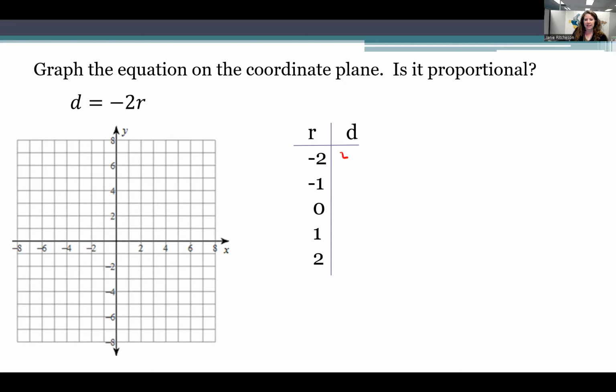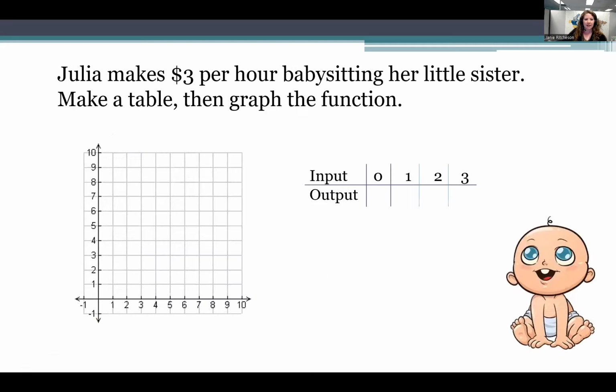You should have gotten 4 here, 2 here, 0 here, -2 and -4. That would be a straight line that goes through the origin, right? So does this represent a proportional relationship? The answer is yes.